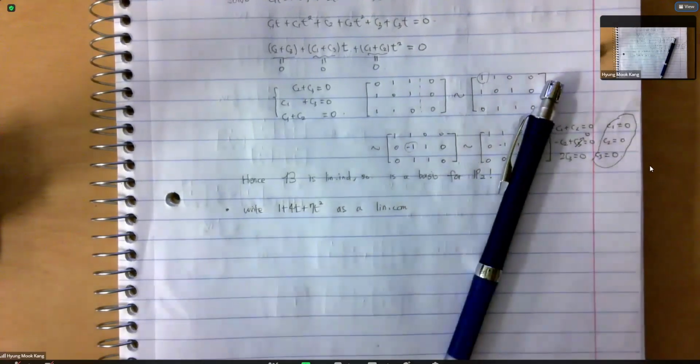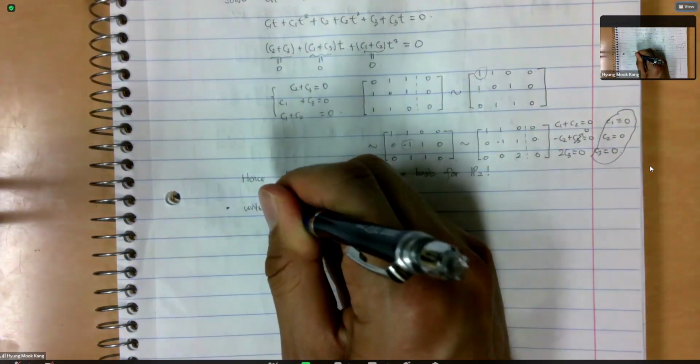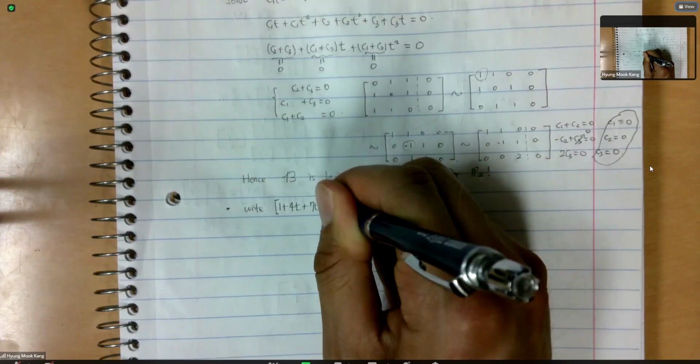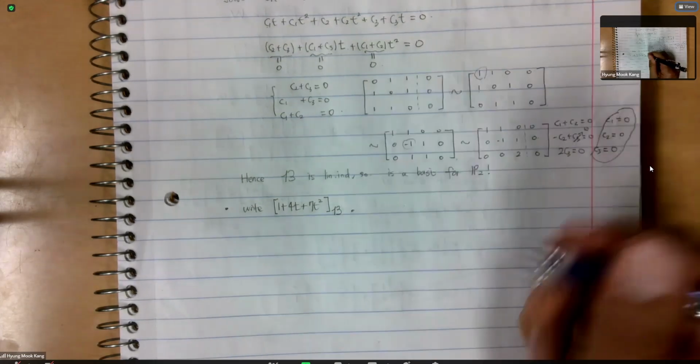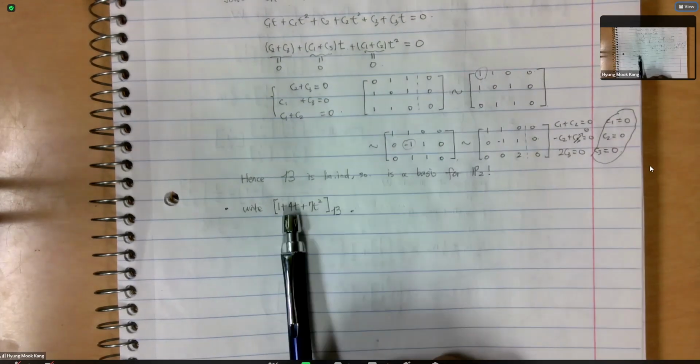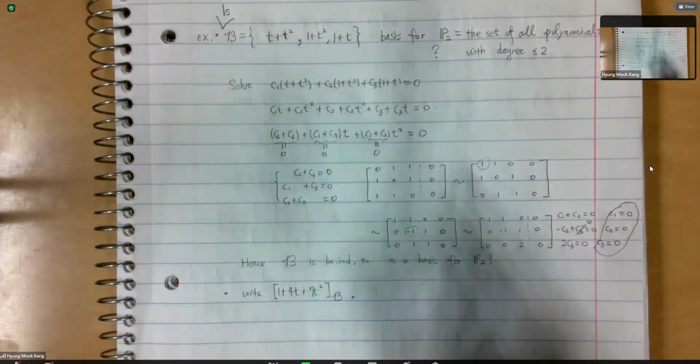In other words, it's basically the same thing. So write this polynomial as a coordinate vector relative to B. So you want this polynomial vector as a linear combination of these three, and we want to write it as a coordinate.